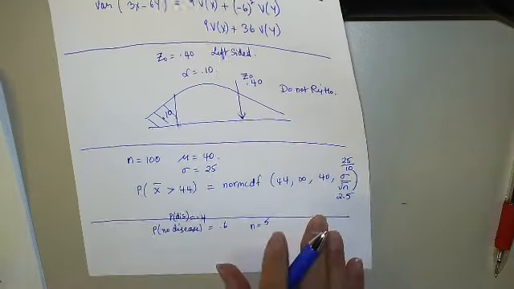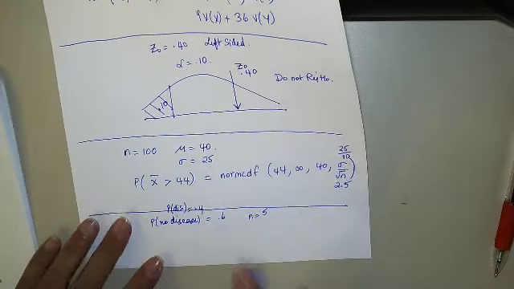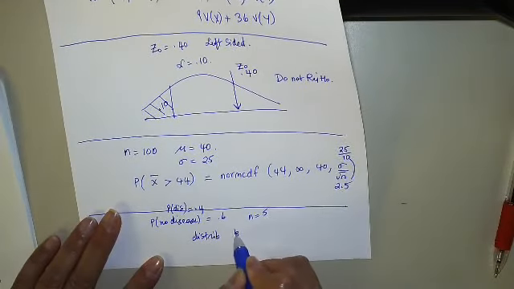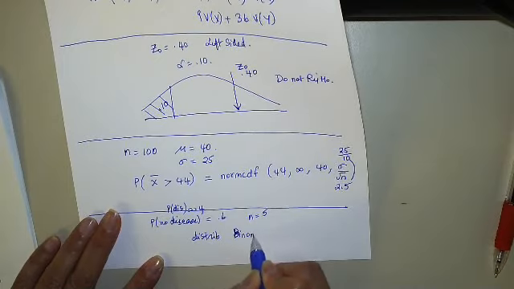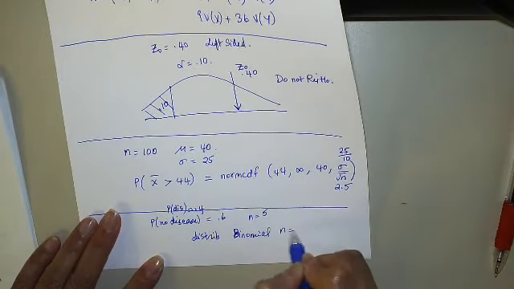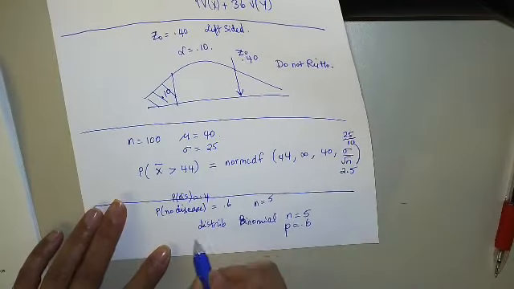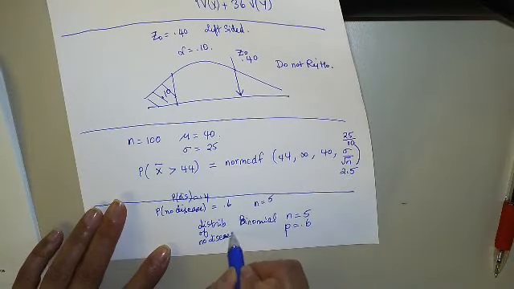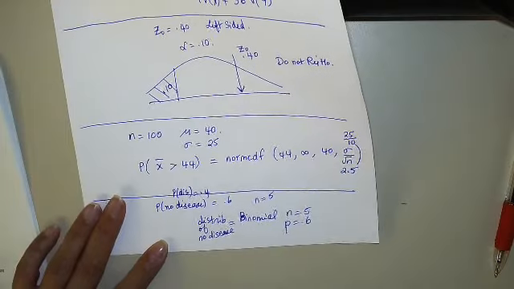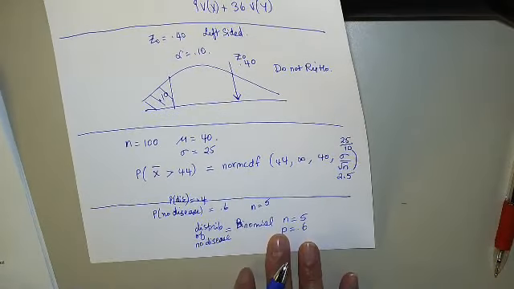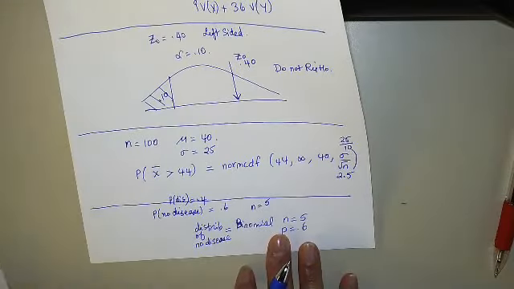First choice, binomial with n equals 5 and p equals 0.6. Yeah, that's the one. Sample of size 5, it says. So that would be it. The distribution, that's the very first choice, is binomial with n equals 5 and p is equal to 0.6. The distribution of no disease cattle.